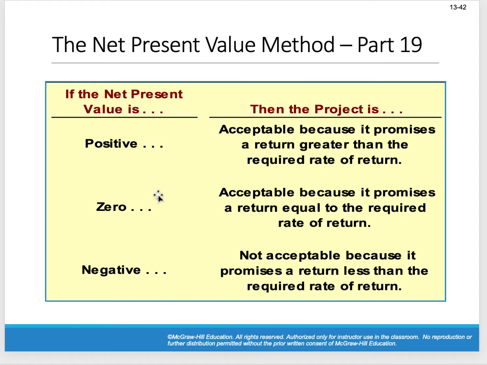Because the project that we're going to invest in, or the machine that we're going to invest in, promises us a return that is actually less than what we require, that 14% or that 11% that we require. If we have a negative NPV, it means that project is providing us with less of a return than we expect. Okay?